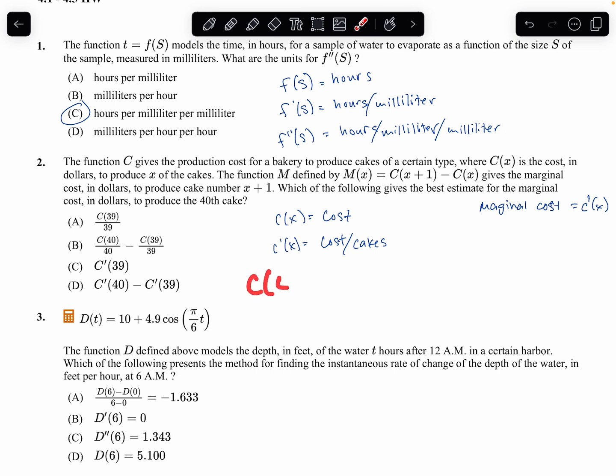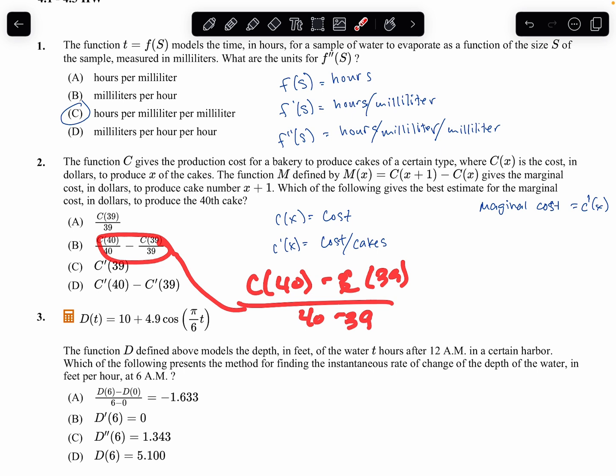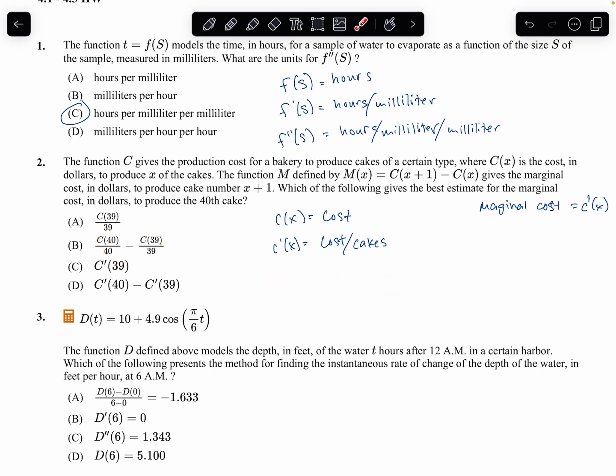These are not equivalent at all. Not equal to each other. So that would mean c prime of 39, yeah.